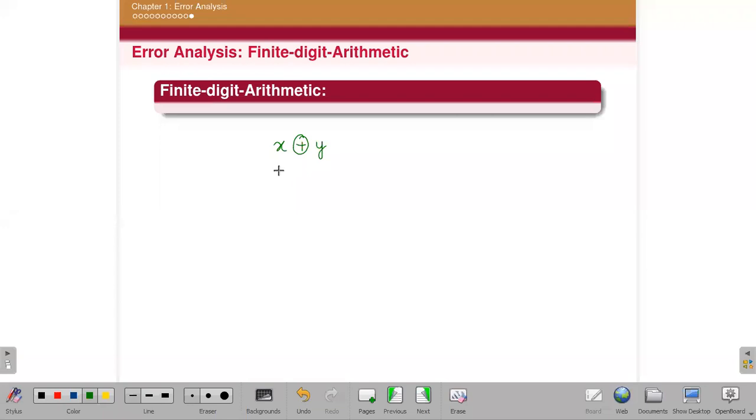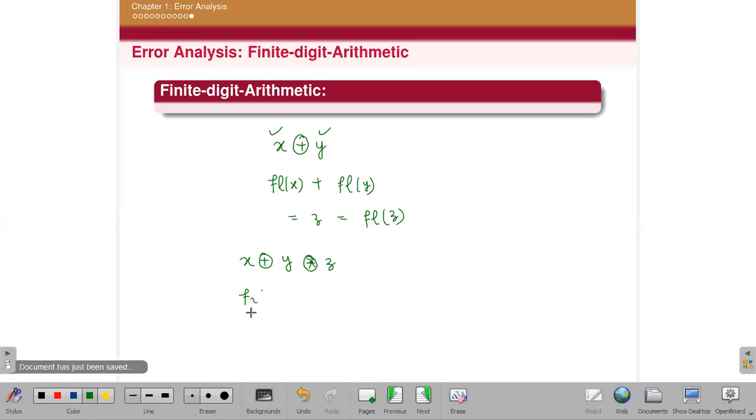What I have to do is take the approximation of this number, then the approximation of this number, and then in the answer, whatever you get, suppose it is Z, you again have to take FL of Z. Similarly, if I take another expression, X plus Y into Z, I have to take the approximation of X, then the approximation of Y, then the approximation of Z.